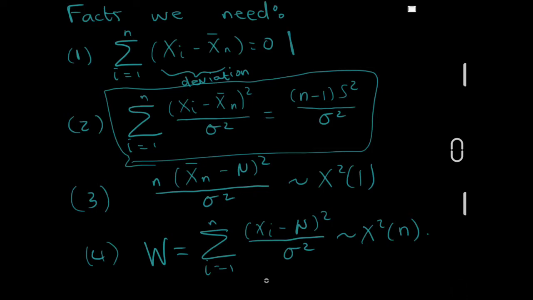The way you prove that is, xi minus mu over sigma, because the xi's are normally distributed, is just a standard normal, and then you're squaring that, so that's a standard normal squared, which is a chi-squared, and then you're summing those independent terms, so you're getting the chi-squared with n degrees of freedom, and I literally have a video about that. So yeah. Okay, now we can get to the proof.